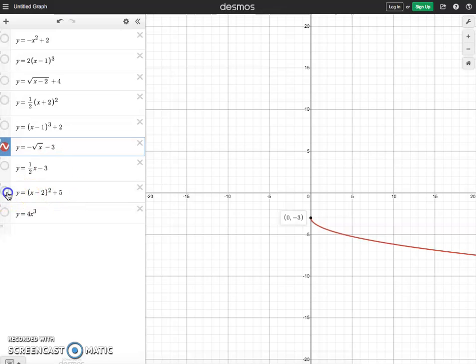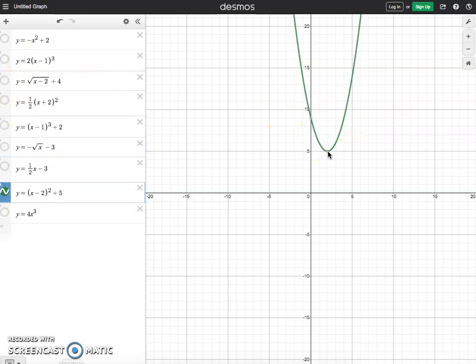Okay. The last one we have to talk about is this equation right here. This is number 40 on your review. Once again, it's a parabola, so I know that the domain is all real numbers. The range, however, is restricted by this minimum. Because it's range, I want to use the 5, and I must write it down to up.